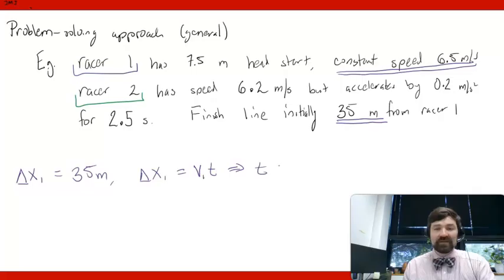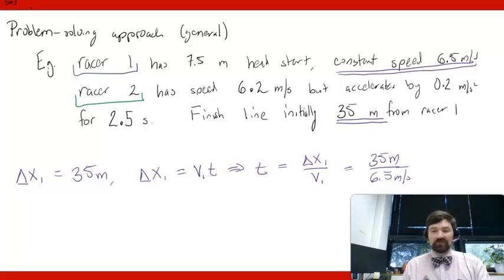So the time that he's going to need to get there is delta x1 divided by v1, that is 35 meters divided by 6.5 meters per second. You can put that into a calculator: 35 divided by 6.5 gives us 5.3846, so let's call that 5.38 seconds.